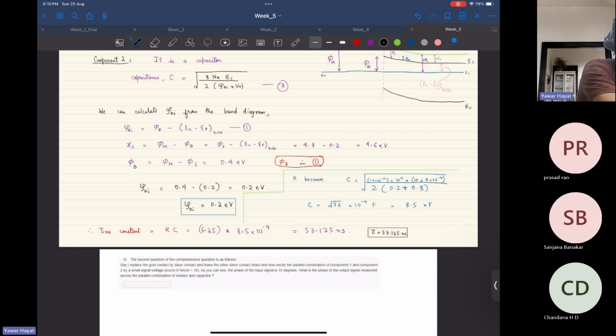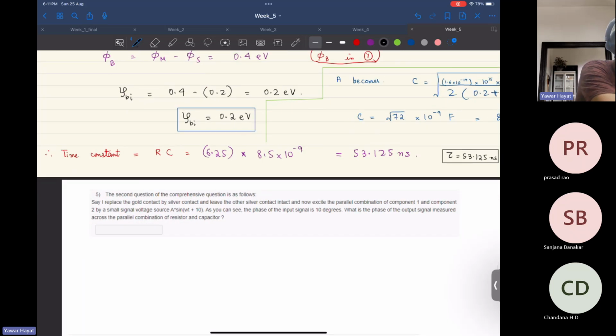Let me move on to the next one, right? So the second question of this comprehensive question, which we just went through, there is second part to it. Now it's saying that, say I replace now the gold contact by the silver contact and leave the other silver contact intact. And then I excite the parallel combination of component 1 and component 2 by a small signal voltage source A sine of omega t plus 10.